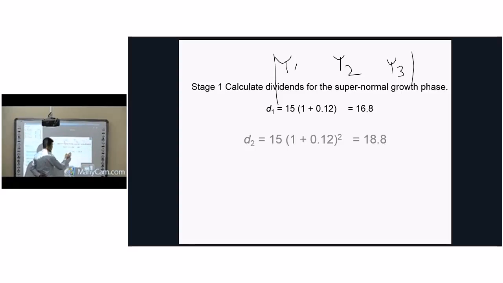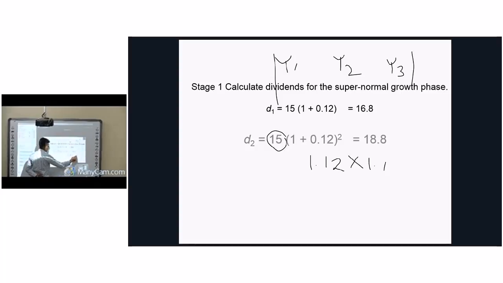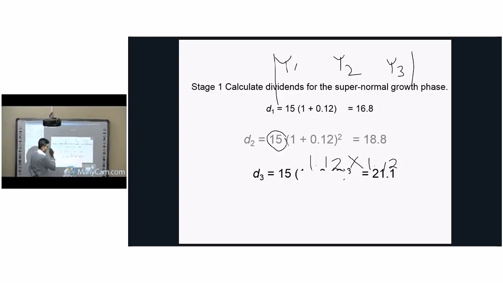So if you take the 15 today, with twice the increase, it's 15 multiplied by 1.12 twice. This is the same as 1.12 to the power 2. That's how we arrive at year 2, and if we do the same for year 3, we will get 21.1.